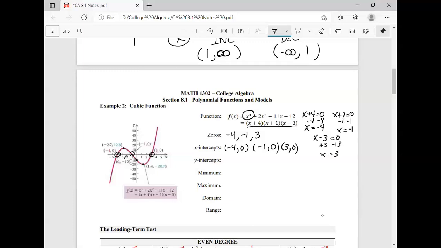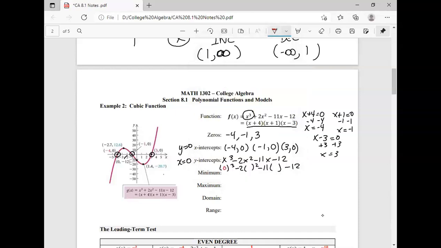So on the y-intercept for this one, remember that on your x-intercept, y is equal to 0, but on your y-intercept, your x is equal to 0. So if we go write our little equation up here, and instead of the x's, we just drop in x is equal to 0.